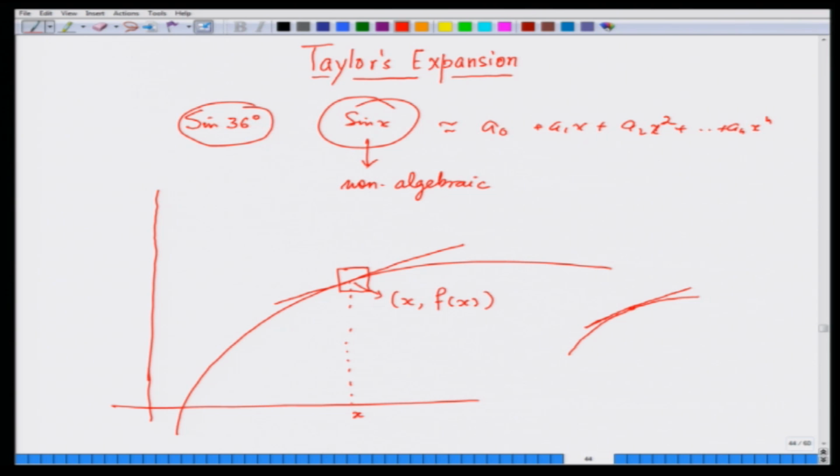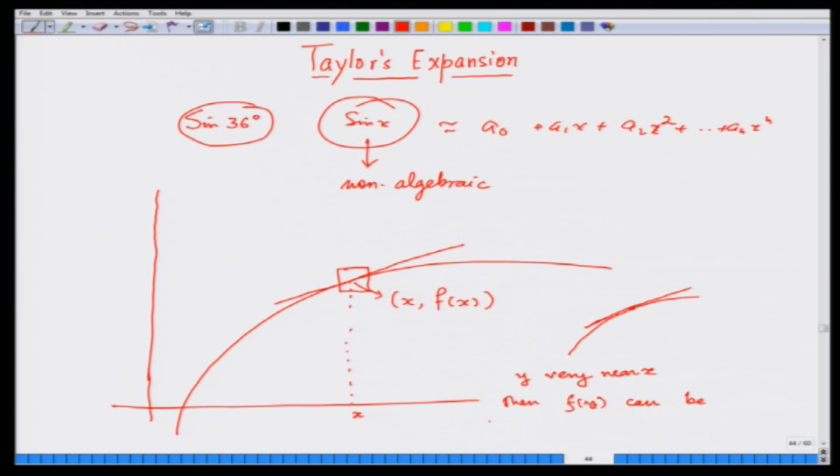which means that if I take another point, say y, very near x, then f of y can be approximated by computing the value of y on the tangent.